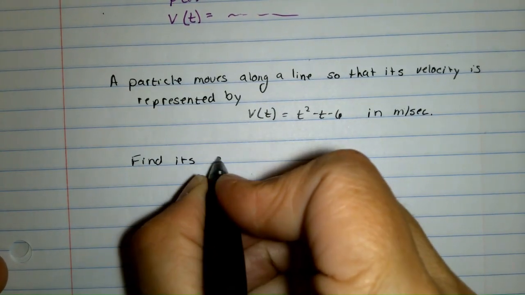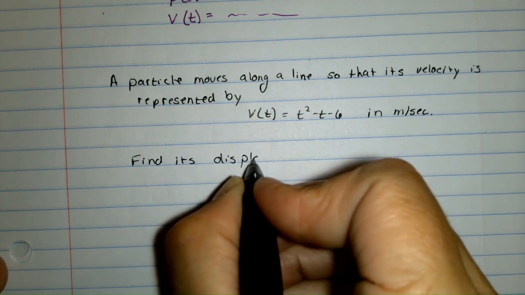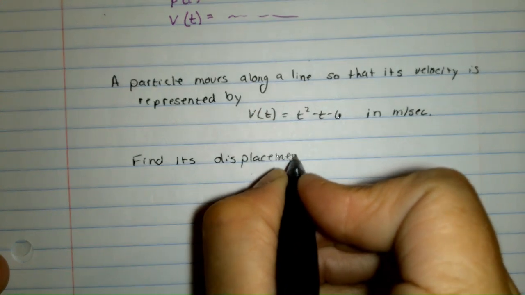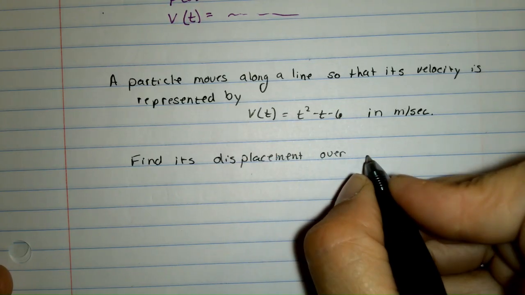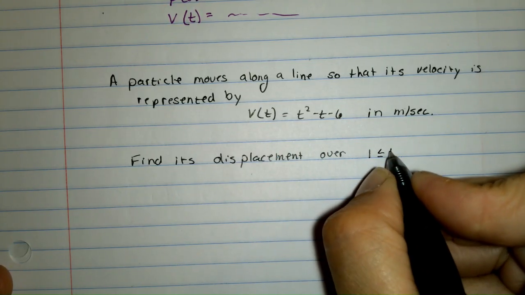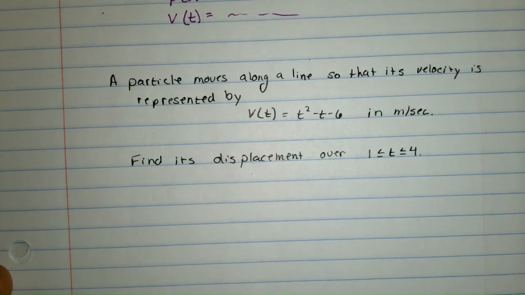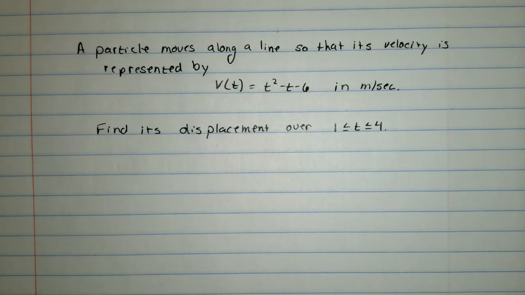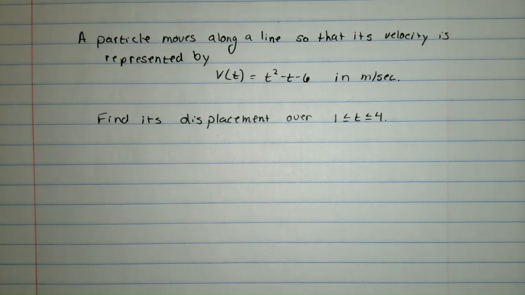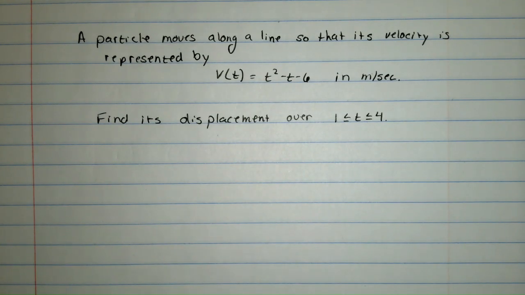Find its displacement over 1 to 4. So basically, I'm wanting to know how far does it move between 1 second and 4 seconds. Okay? So it's displacement. That's an important thing to look at.